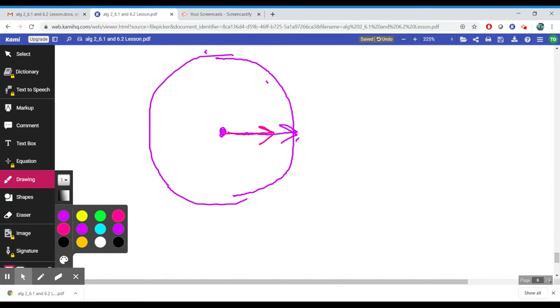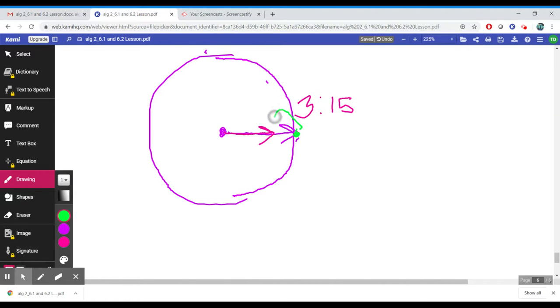So this is 3:15. I'm going to use this green color to indicate where the ladybug was. So at exactly this time, the ladybug was right here on the minute hand, and then it flies over onto the second hand. It wants to know how high the ladybug is.